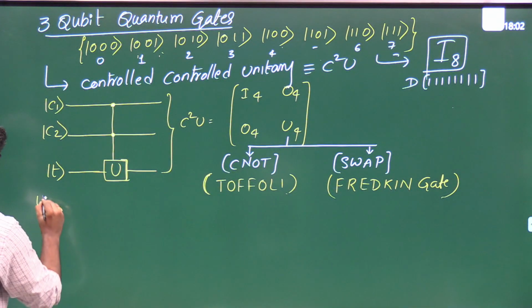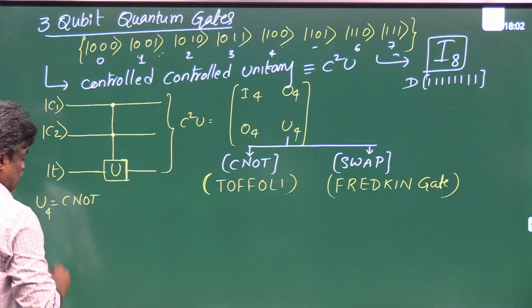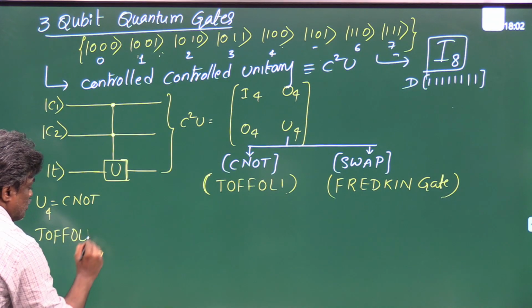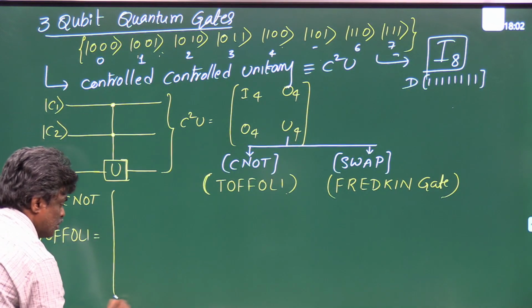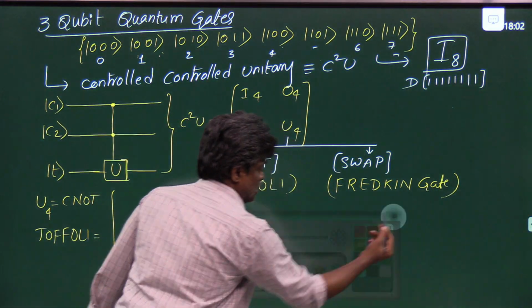So now you are taking U as a C0. Everyone, please listen. Then the Toffoli gate. I would like to write it properly because you have to know what the operation is.